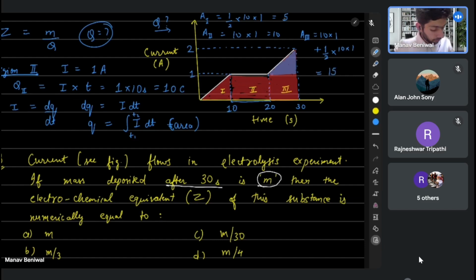Now if you add all three areas, 5, 10, and 15, your total charge Q will come out to be 30. Your total charge is 30 coulombs.